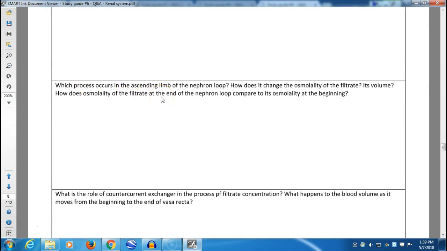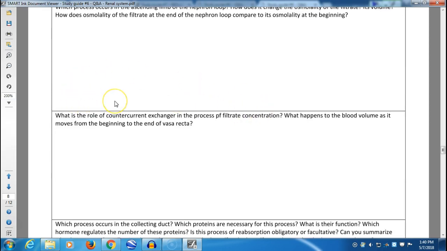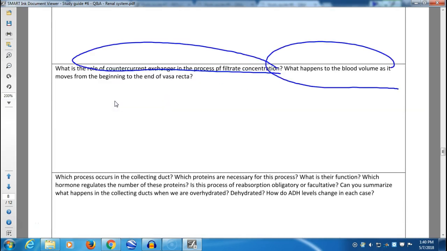Osmolality of the filtrate at the end of the nephron loop is slightly lower than in the beginning. Slightly lower. The countercurrent exchanger is picking up water. What happens to the blood volume? We got this. Collecting duct. Which water-related process happens in the collecting duct?